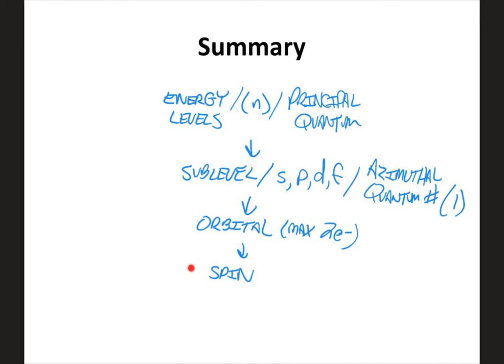And then the spin is basically saying, okay, this is the exact location, like top floor or bottom floor. So you have 2 electrons in each house. One lives upstairs and one lives downstairs. So all we did was narrow our focus and get more and more zoomed in here to hopefully find out some more information about an electron.